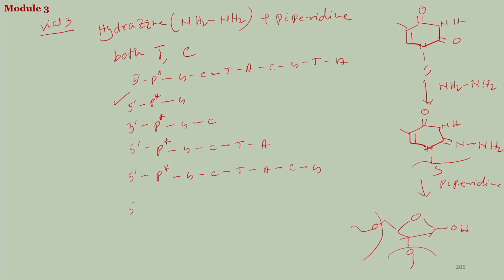The last one, the full length, C, G, T and A, the full length. So, these are the fragments that you are going to get from vial 3. So, vial 3 we now call it T plus C or C plus T. And next now the last one, vial 4.